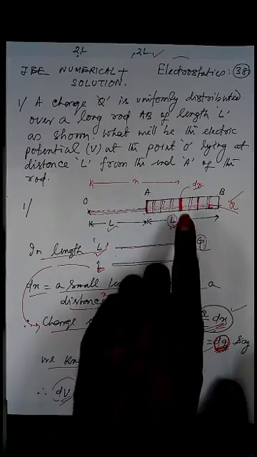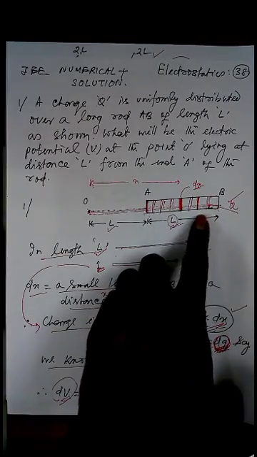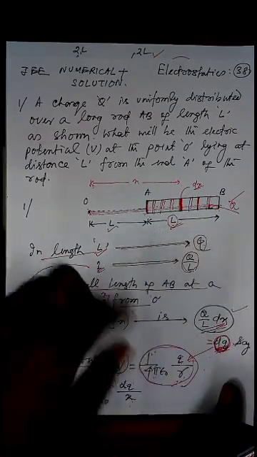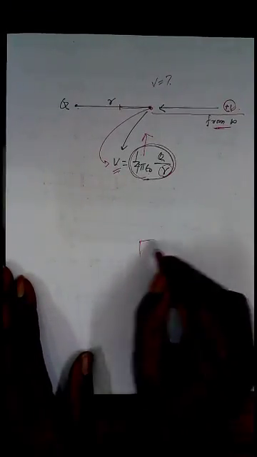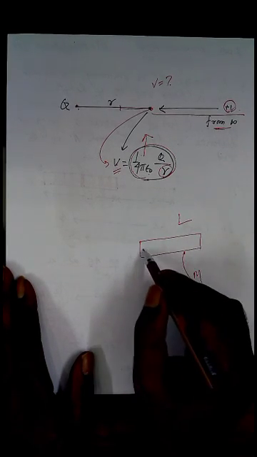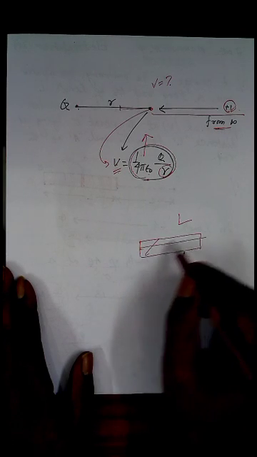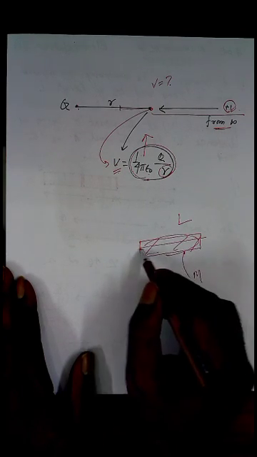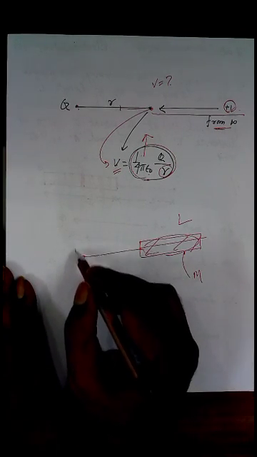And there are similar problems like this in gravitation also, where you are required to find the gravitational potential. You will find a very similar derivation. You will be given a rod like this of mass M and length L, with M distributed uniformly from here to here. Due to this, what is the gravitational potential here?